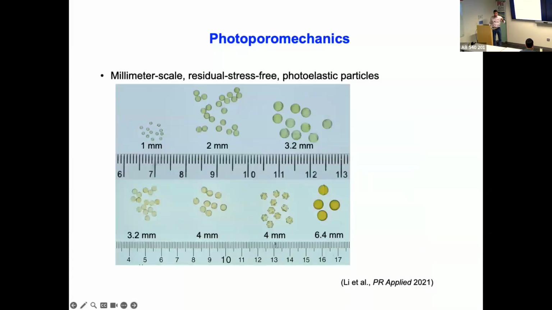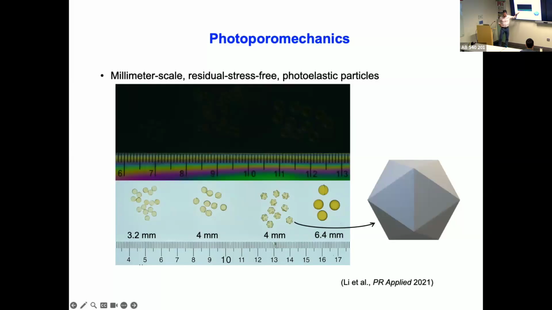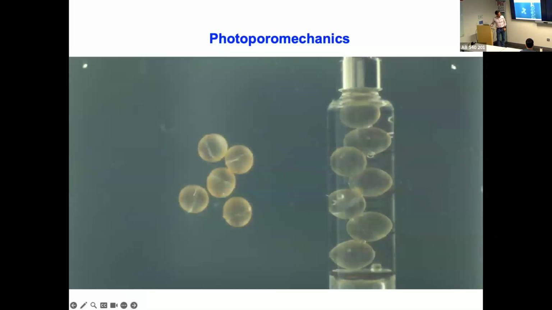The important thing is that the beads have to be small enough, and they cannot be centimeter size, and they have to be residual stress free. Otherwise, the photoelastic response is completely polluted by the initial internal stresses, right? So he devised a squeeze casting method to produce these residual stress-free beads, which can be spheres or can be other shapes.